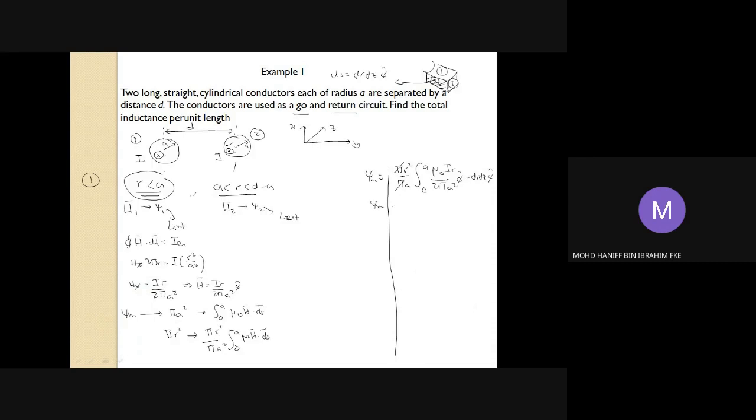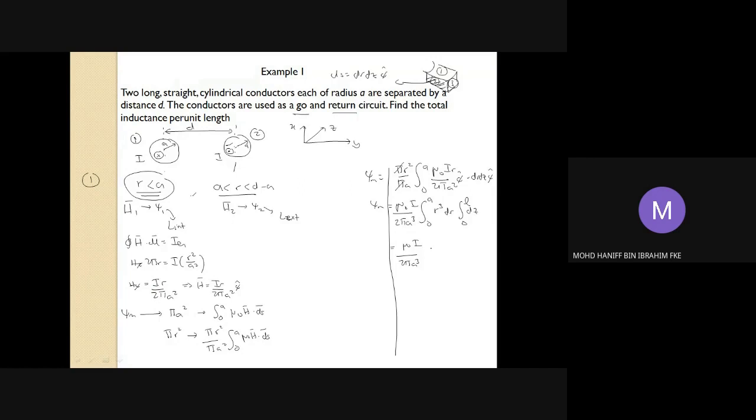So the amount of flux will then equal mu naught I over 2 pi a to the power of 3, integrations of r cubed dr, integrations of dz, where r is from 0 to a and z is from 0 to L. If we proceed with this, we have mu naught I over 2 pi a to the power of 3.